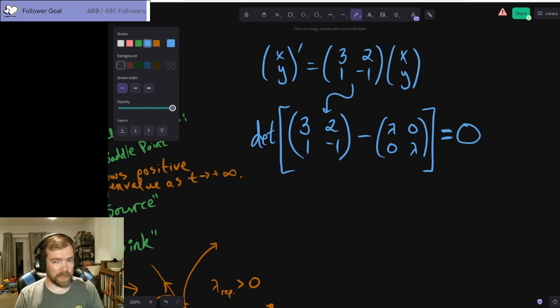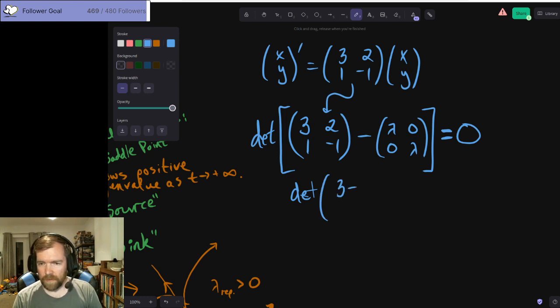So in this particular case, we have the determinant of [3 minus lambda, 2; 1, negative 1 minus lambda].